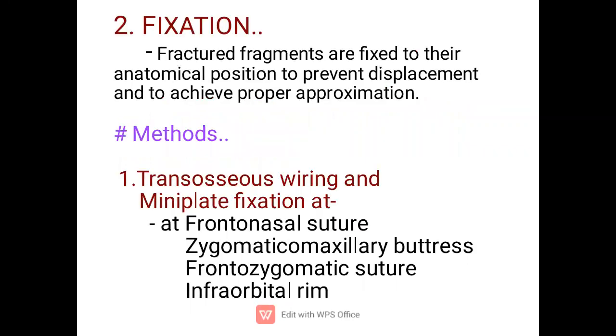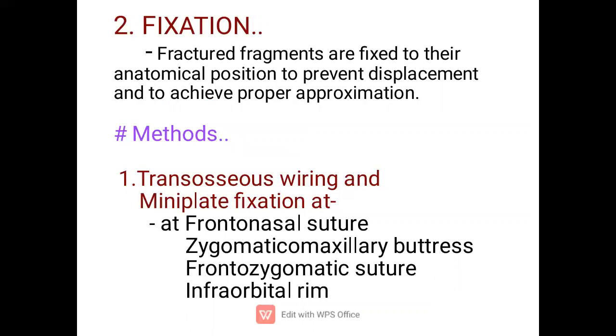Now, the next principle of definitive management is fixation. So fixation is when the fractured fragments are fixed to their anatomical position to prevent displacement and to achieve proper approximation. Now methods of fixation are transosseous wiring and miniplate fixation at the frontonasal suture, zygomaticomaxillary buttress, frontozygomatic suture, and infraorbital rim.